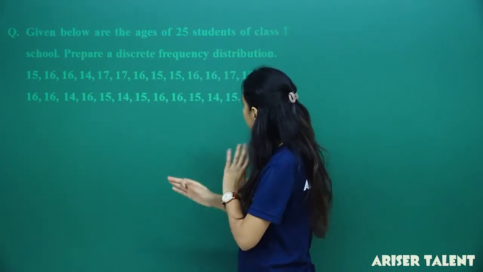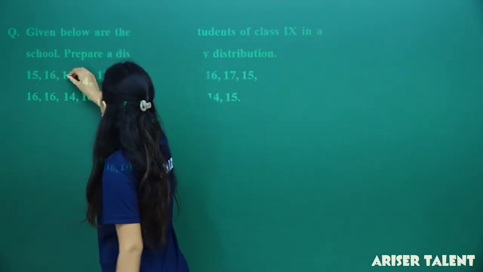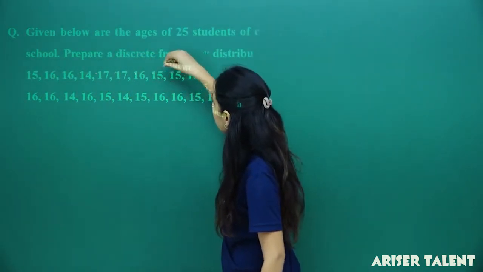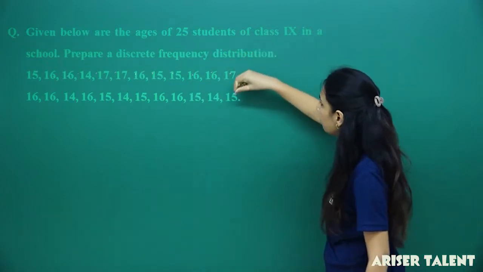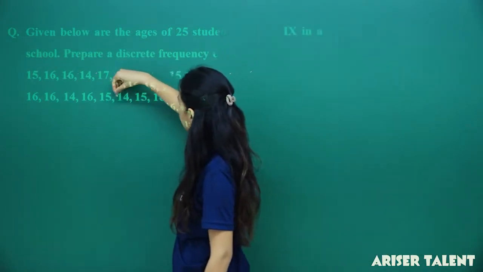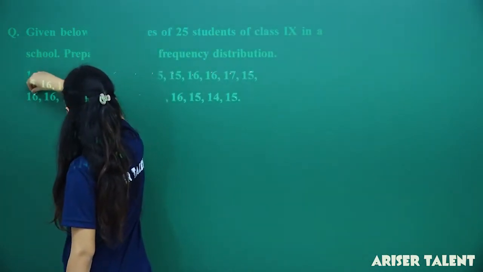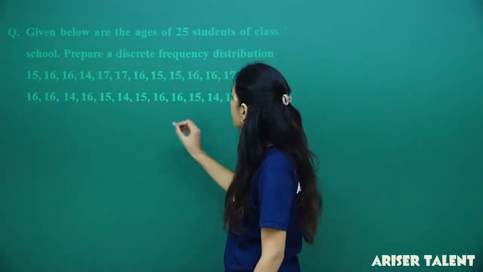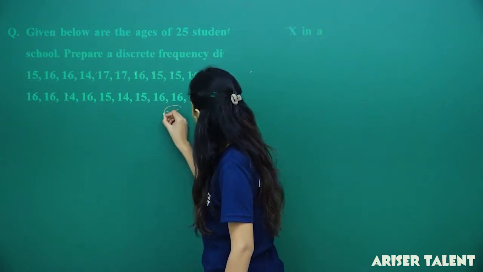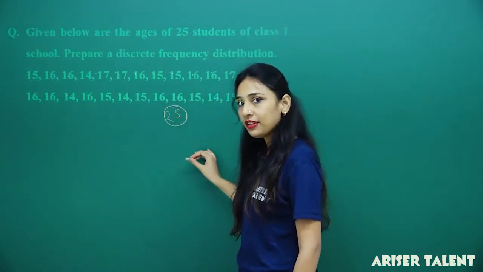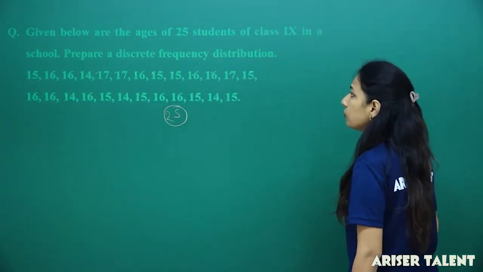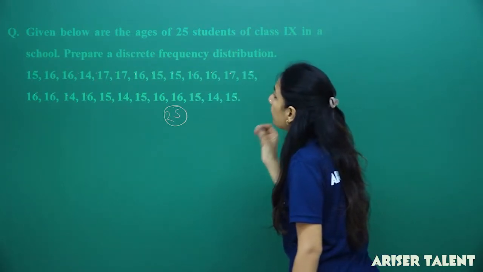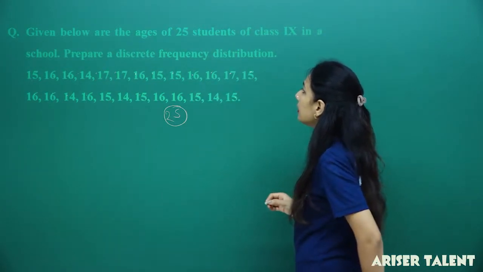If you count these, that is 1, 2, 3, 4, 5, 6, 7, 8, 9, 10, 11, 12, 13, 14, 15, 16, 17, 18, 19, 20, 21, 22, 23, 24, 25. I know you know the counting things. So in total they are 25 ages of students of class 9. Now you have to prepare a discrete frequency distribution.